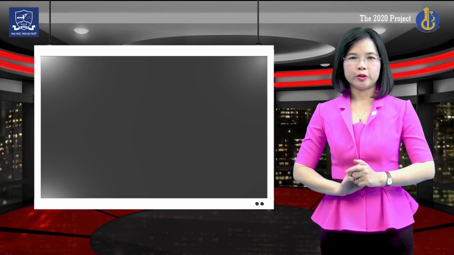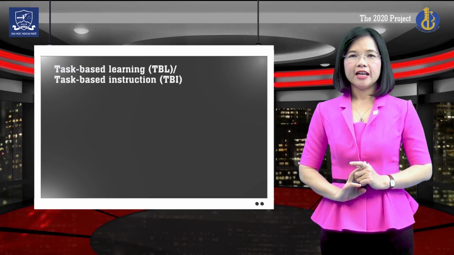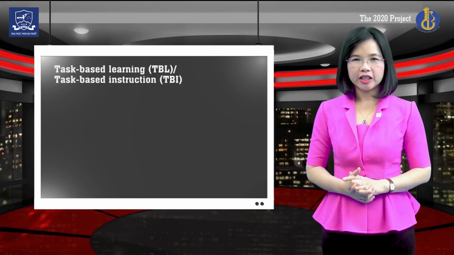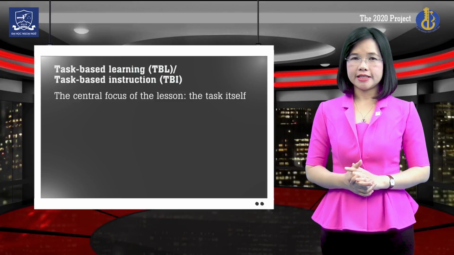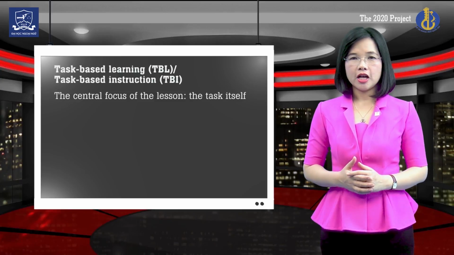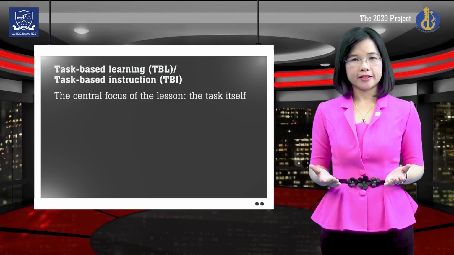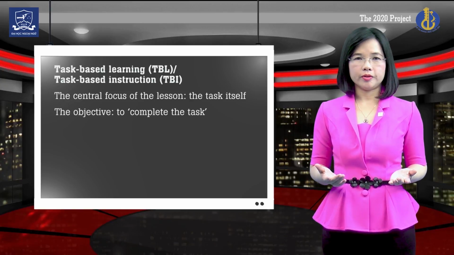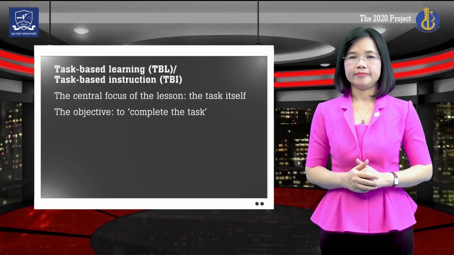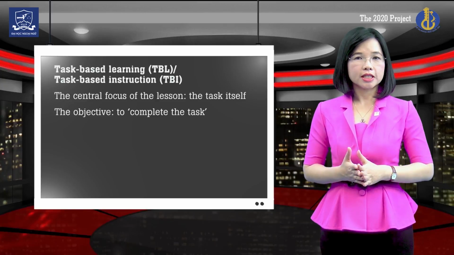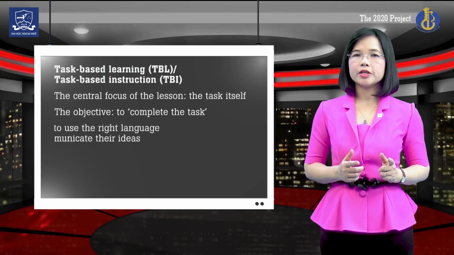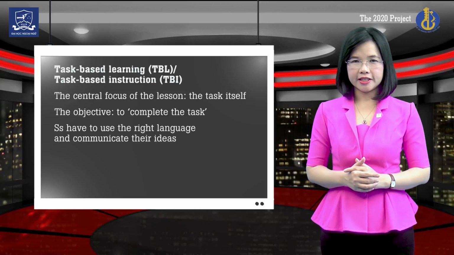The third model of integrating skills is task-based learning. In task-based learning, the central focus of the lesson is the task itself, not a grammar point or a lexical area. And the objective is not to learn the structure, but to complete the task. Of course, to complete the task successfully, students have to use the right language and communicate their ideas.